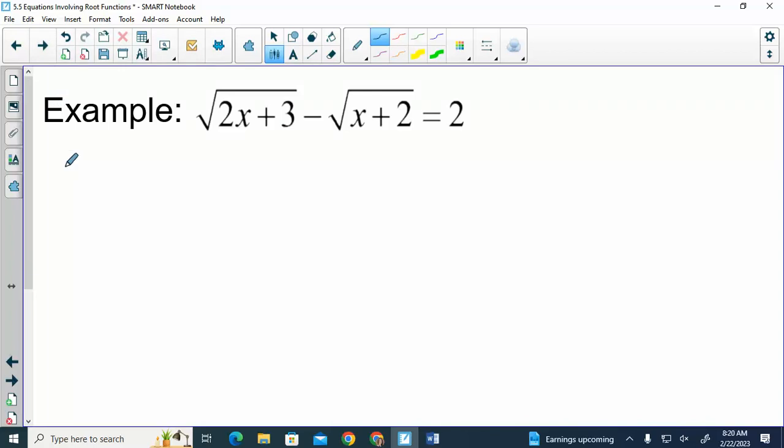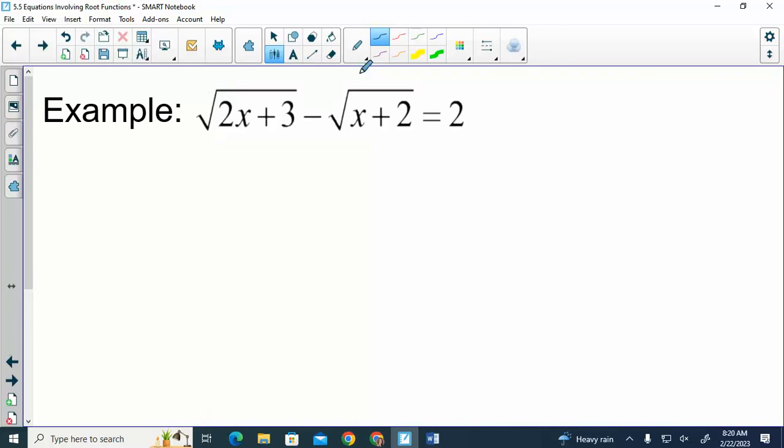Alright, let's talk about this problem. This one is going to be a little bit longer because we have multiple radicals. Do we have to add one over and then square? Yes, because here's the problem.